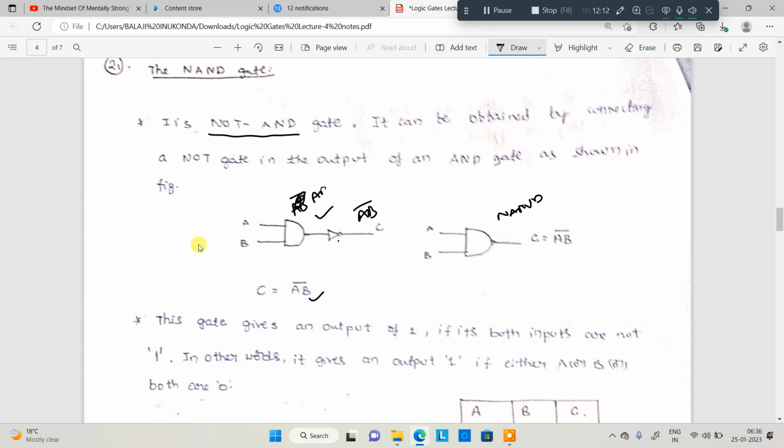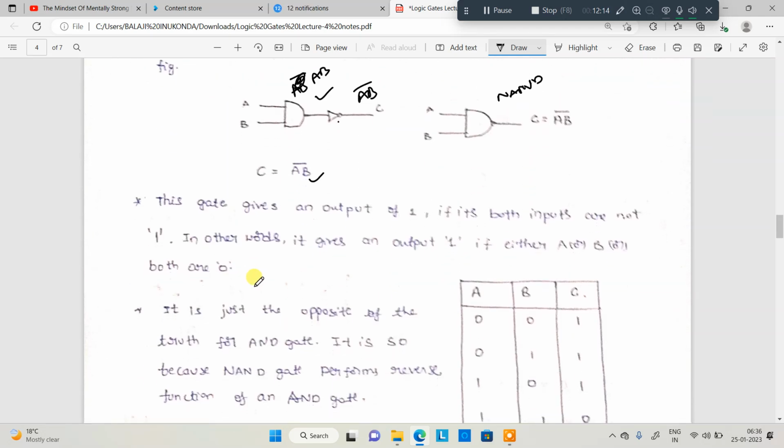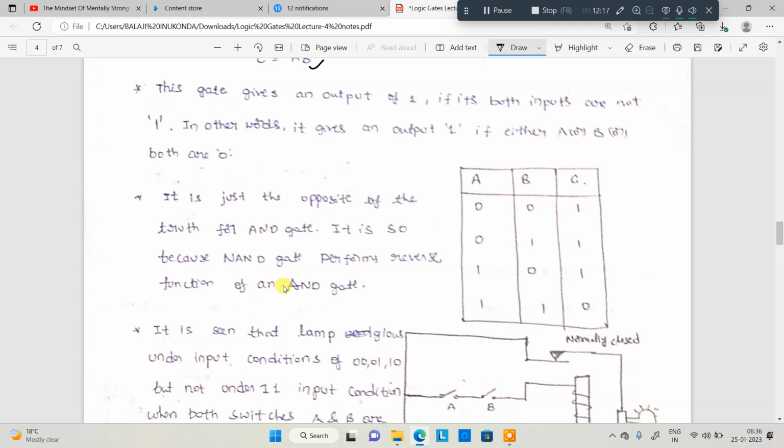Now we will see the truth table for the NAND gate. The logic is AB bar. When both inputs are 0, 0 into 0 is 0, and 0 bar is 1, so the output will be 1. Next, second case, 0 and 1: 0 into 1 is 0, 0 bar is 1.